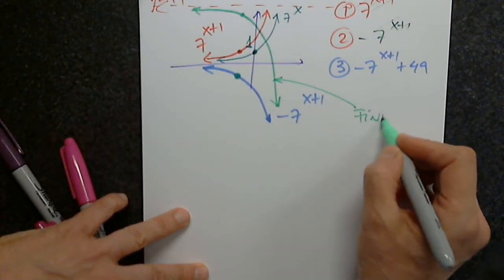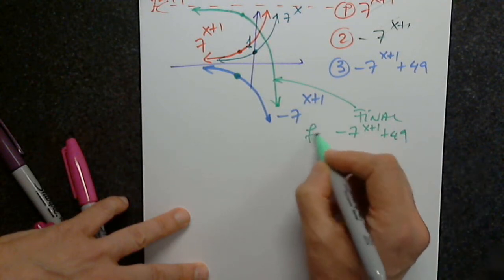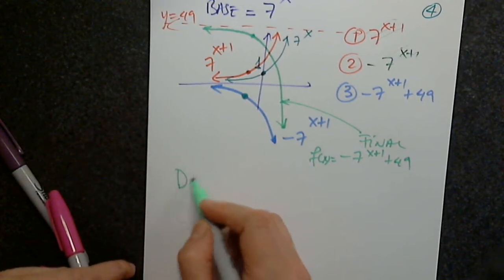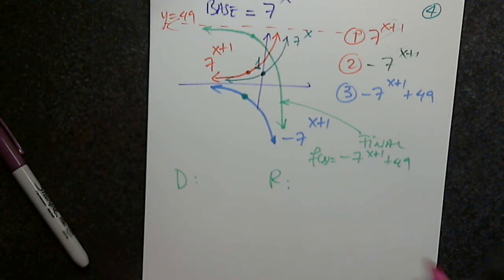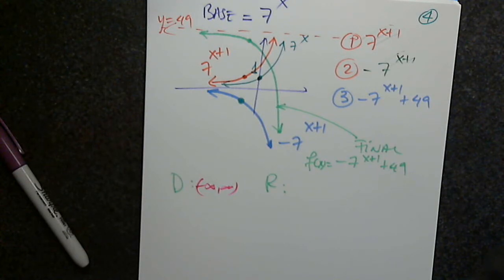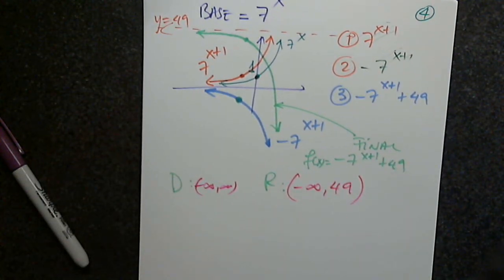I'll say final, which is negative 7 to x plus 1 plus 49, and this is f of x. Great job. We need domain, and we need range. Yes, it's an exponential function, so we are never going to have problems with the domain. What about the range? Negative infinity to 49, excellent, with a parenthesis because that's the horizontal asymptote.